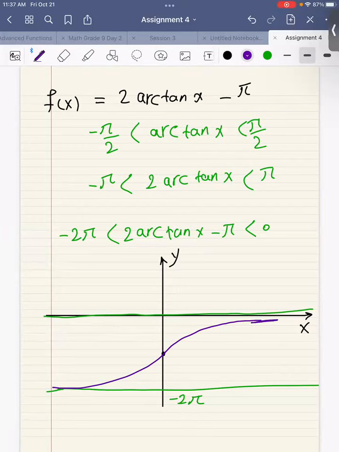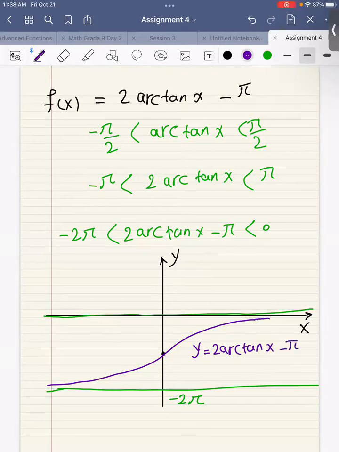It doesn't touch this line, so it's an asymptote. So this is y equal to 2 times arctan of x minus pi.